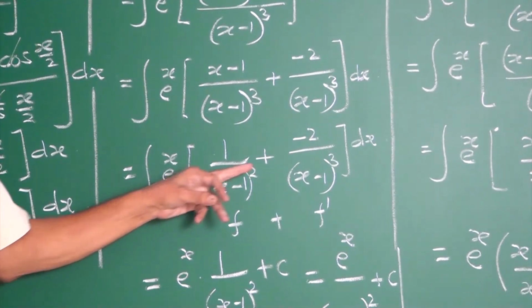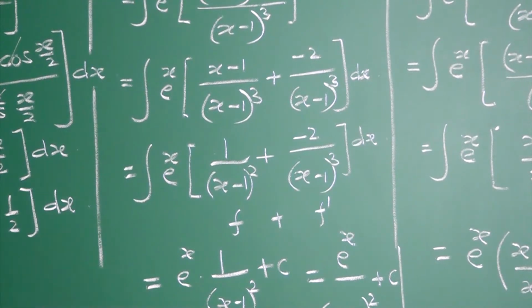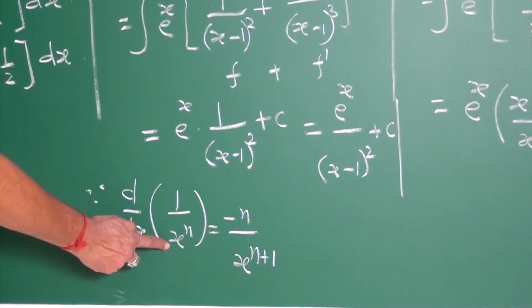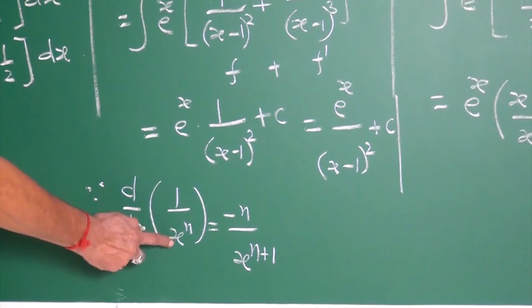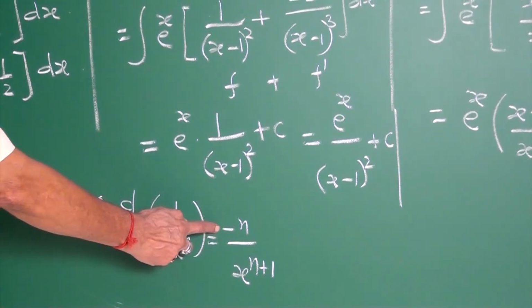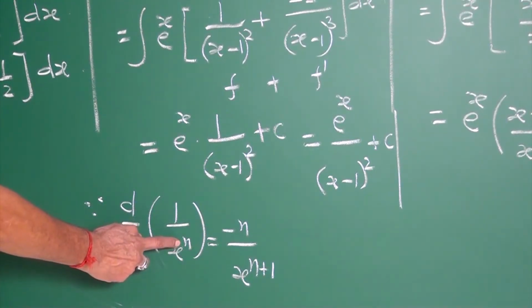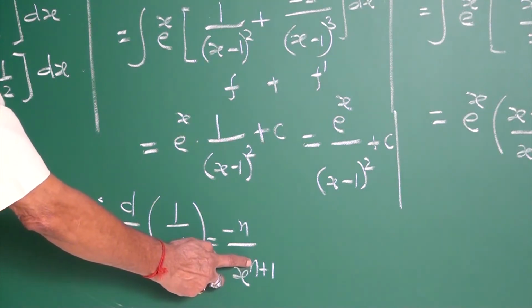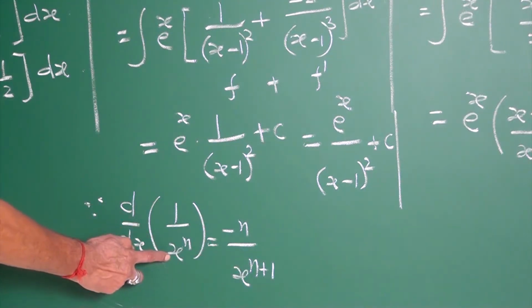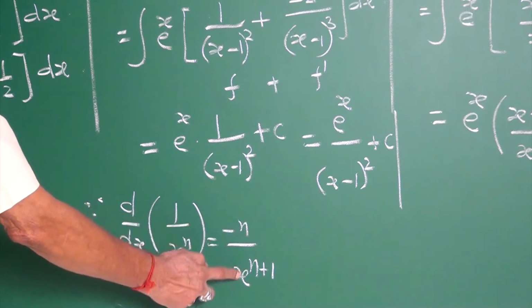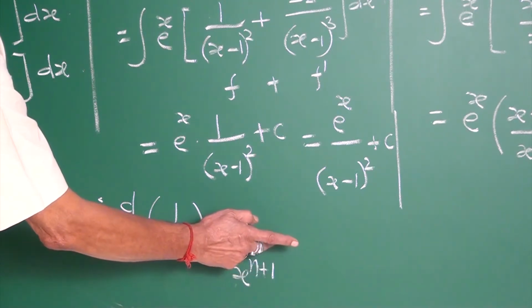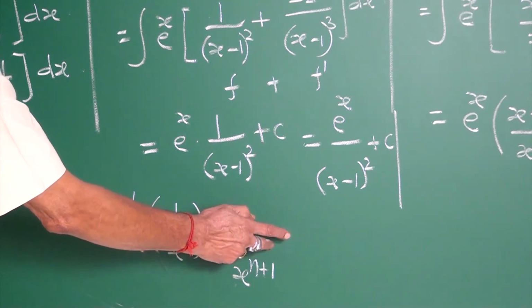If this is your f, it is f dash. Why tell? You know the derivative of 1 upon x to the power n. Derivative of 1 upon x to the power n is minus n upon x to the power n plus 1. And instead of x, if it is fx, minus n upon fx to the power n plus 1 into f dash, the derivative.